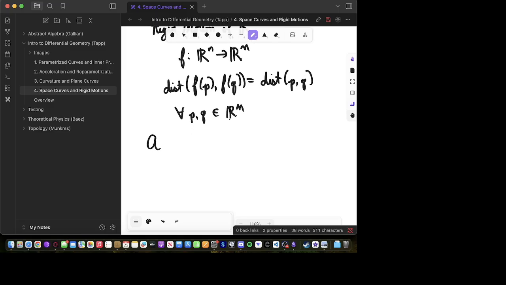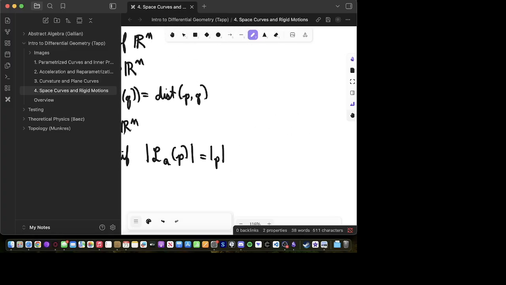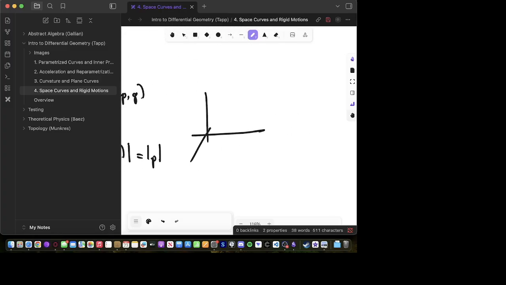Furthermore, we can say a matrix A is orthogonal if we have that the rigid motion associated with the matrix of P is equal, the norm of such is equal to the norm of P. So what that means is if we have a matrix A it sends vectors on a sphere to the same sphere.